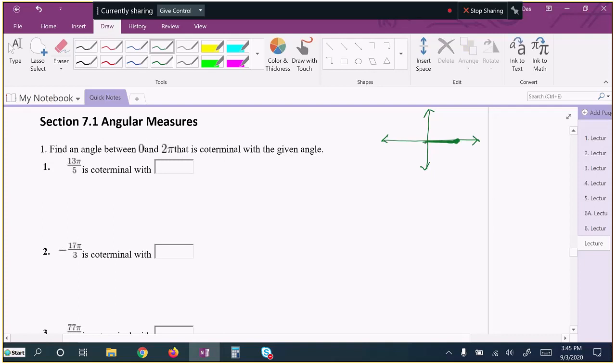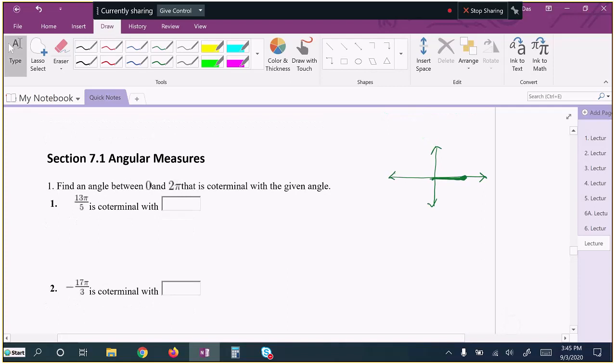Whereas for the angle 360 degrees, the initial side is still the positive direction of the x-axis, and the terminal side has made a complete rotation and is still coincident with the positive direction of the x-axis. So these are 0 degrees and 360 degrees, or 0 and 2 pi.